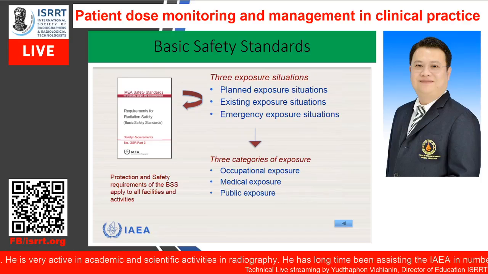And inside the basic safety standard, they categorize 3 exposure situations: occupational exposure, that is us, the radiographers and radiologists; medical exposure, which belongs to the patient, where there's no limit and we have justification and optimization; and public exposure, meaning people in general public, where we have to make sure that they don't receive too much radiation dose when they come to the radiation facility.